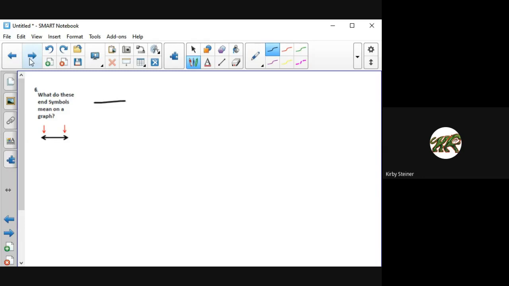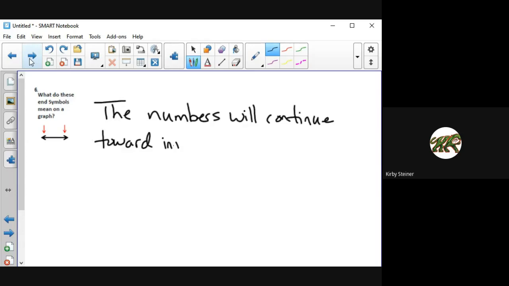Right? So we can say that the numbers will continue toward infinity in two directions.